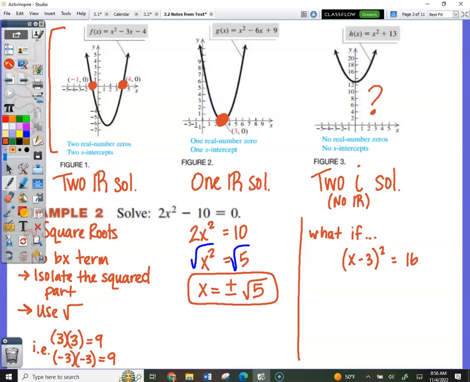So recognize that this is another problem that you can solve by square roots. You need to get the binomial that's being squared by itself, which it is here. If there was a number in the front, you would divide it. Now I'm ready to square root both sides. So that would cancel, and I'd be left with x minus 3. The square root of 16 comes from two possible numbers. What are they? Positive or negative 4.